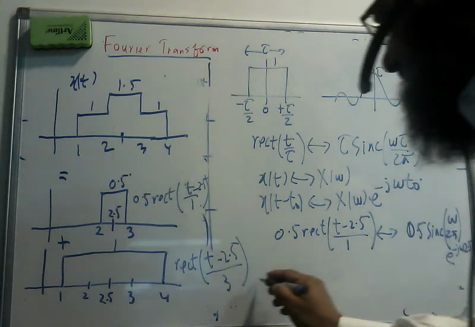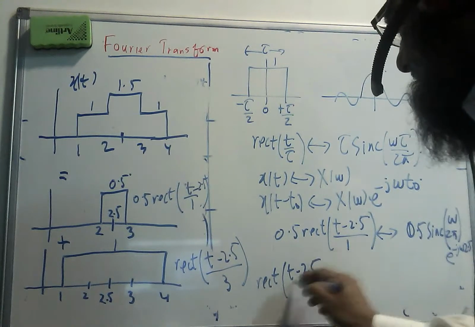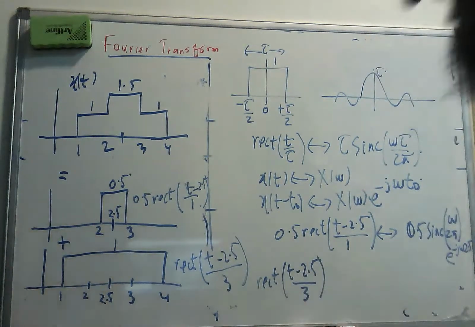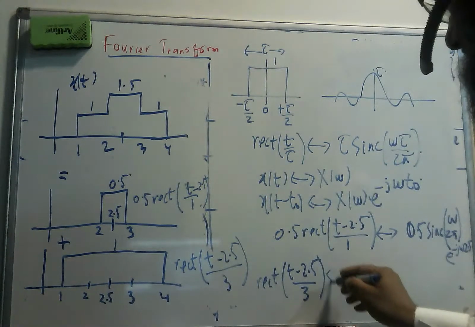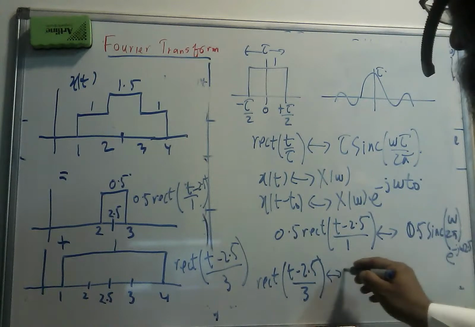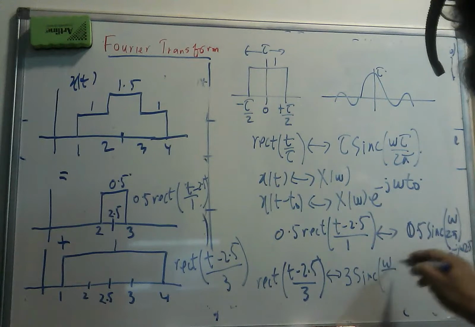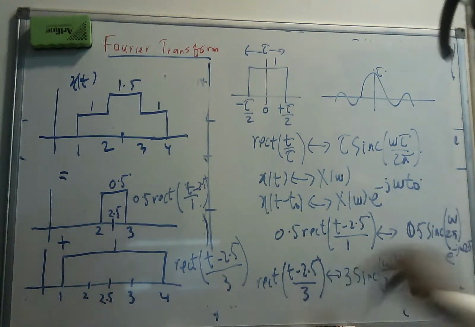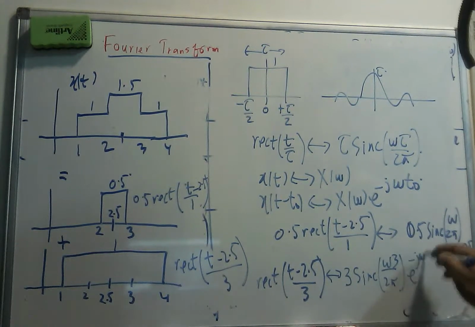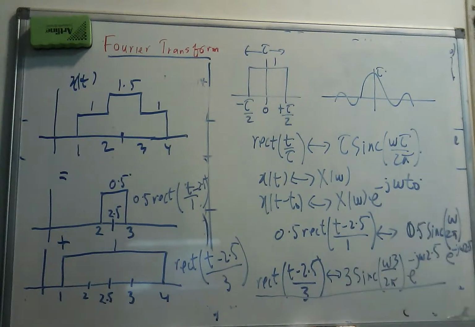And the second one is rectangular (t minus 2.5) divided by 3, since 4 minus 1 is 3, so tau is 3 here. So I will multiply it by 3 sinc of omega 3 divided by 2 pi, and the shift is the same, e raised to the power minus j omega 2.5. I can add these two to find the Fourier transform of the whole function.